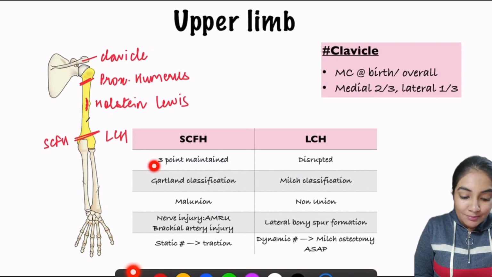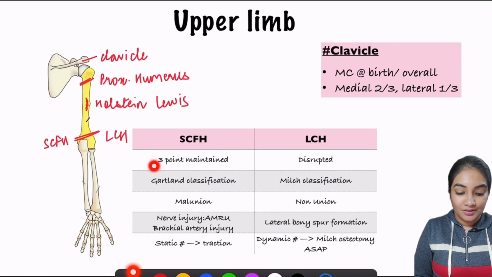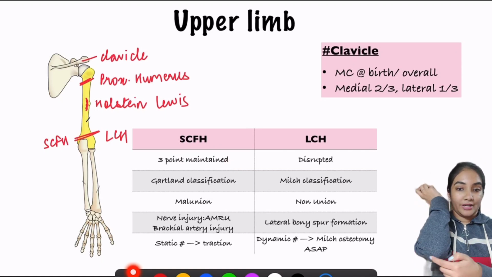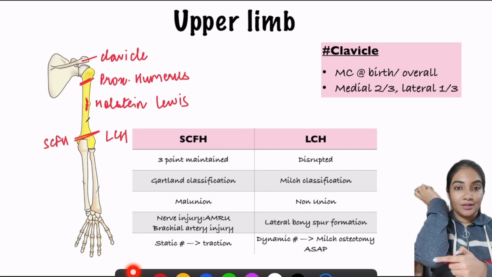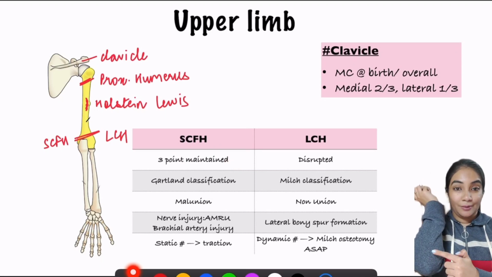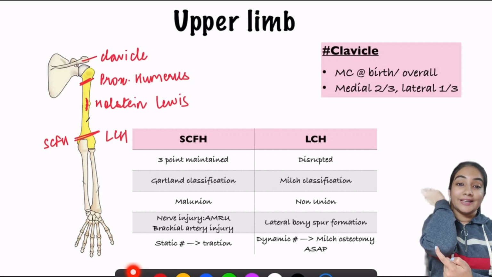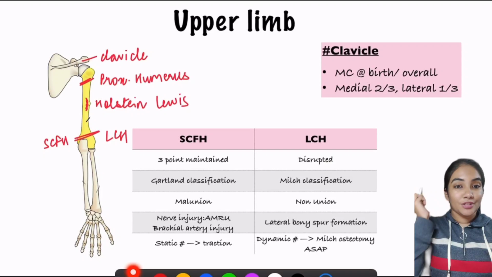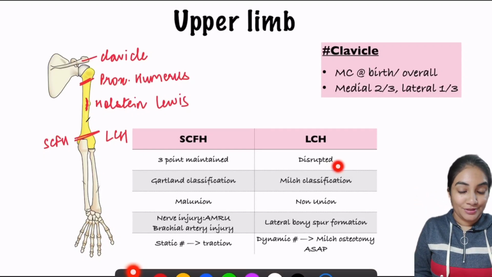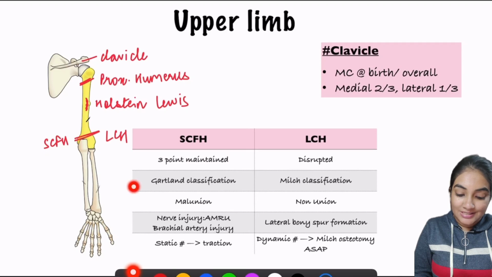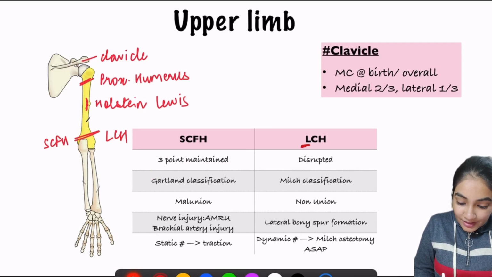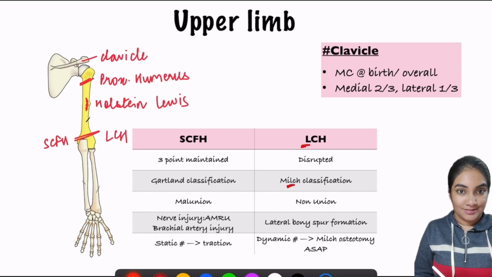Supracondylar. Since above the condyle it is broken, the 3-point relation here is maintained. Both the condyles as well as the olecranon are in the same relation. But in lateral condylar humerus fracture, the lateral condyle itself is gone. So the 3-point bone relation is disrupted. The classification used for SCFH is Gartland classification, while here it is Milch classification.